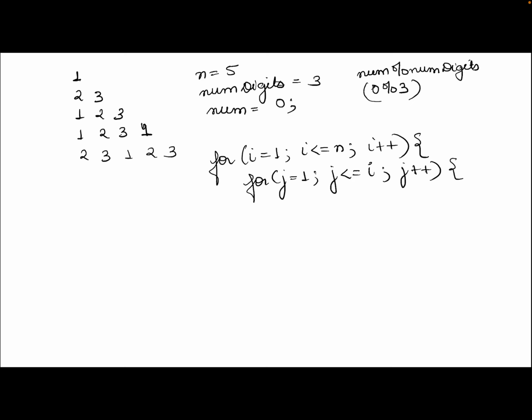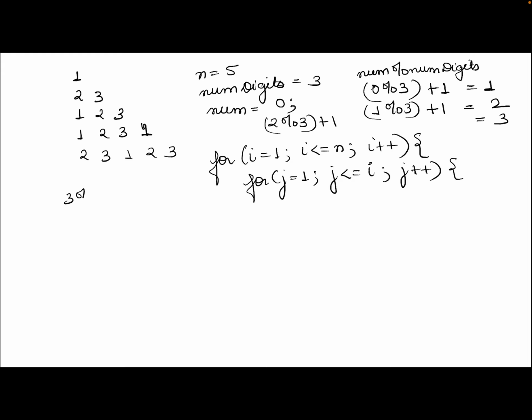Sorry, I will get 0. So if I write plus 1, I will get 1. Then 1 mod 3 plus 1, I will get 2. Then 2 mod 3 plus 1, I will get 3.